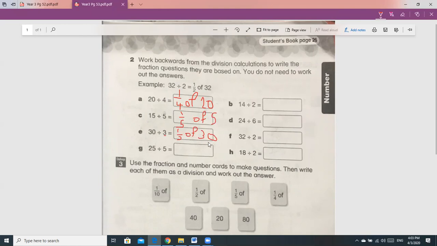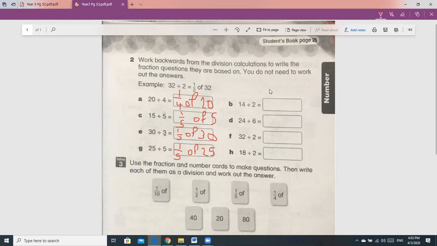Divide the 30 into thirds, it's also 3 groups. 25 divided by 5 is a fifth of 25. Okay, now please pause this video and answer the next column, then come back and see your answers, okay? Okay, let's do it now.